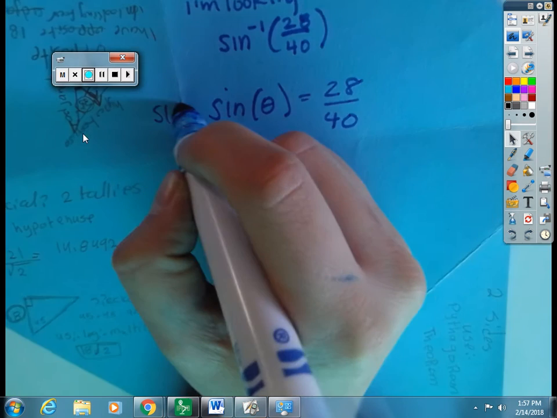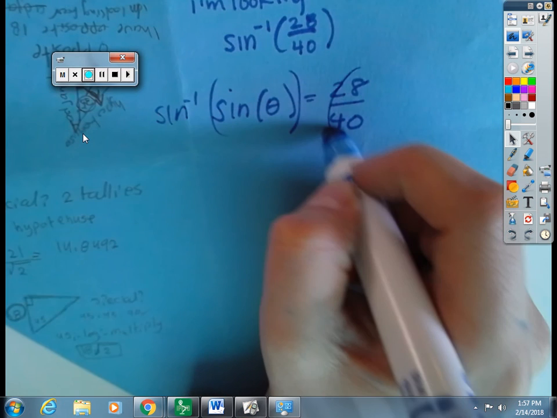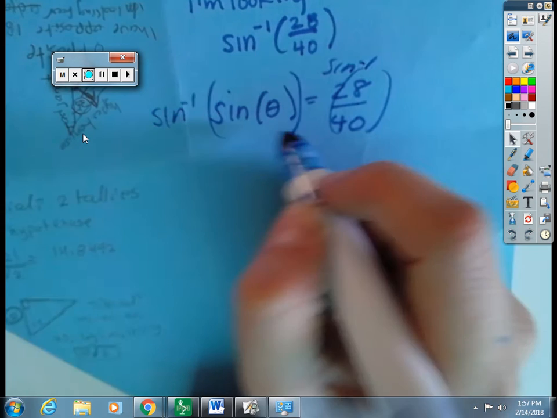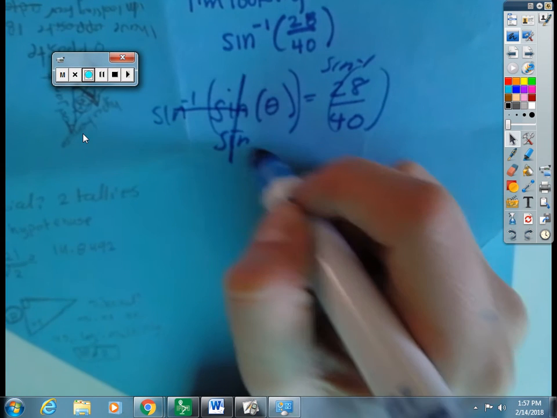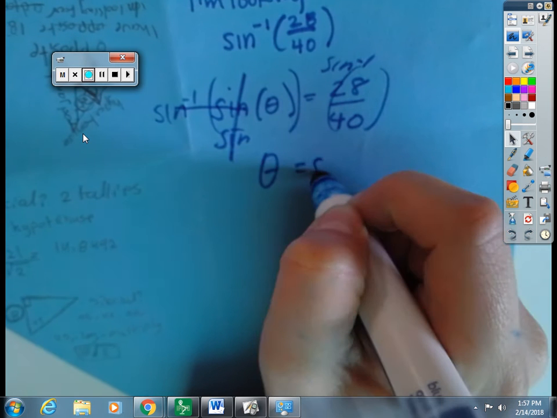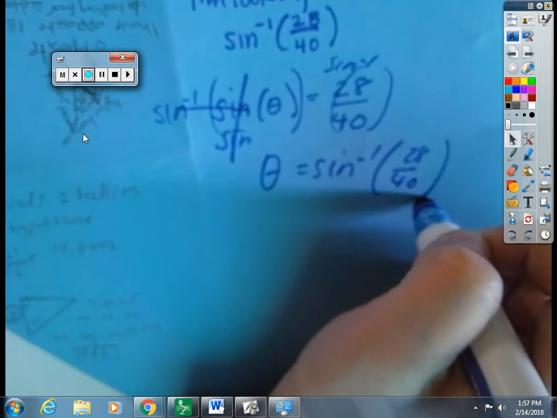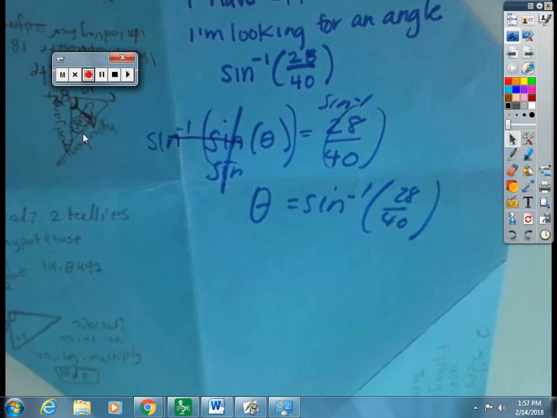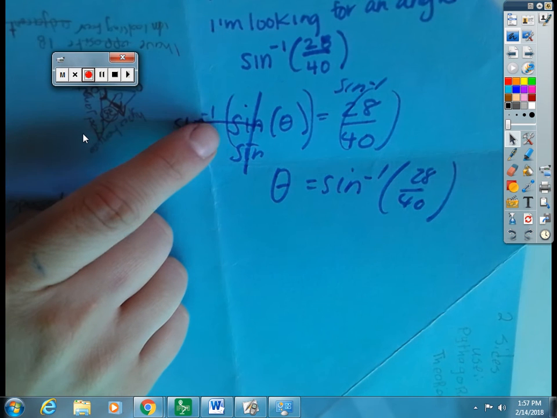You take the inverse sine of this. That's where we get that from. The sine cancels out, like sine over sine. You get the angle equals inverse sine of 28 over 40. That's where that comes from. The negative 1 means that's what goes in the denominator spot, so you're able to cancel it out.